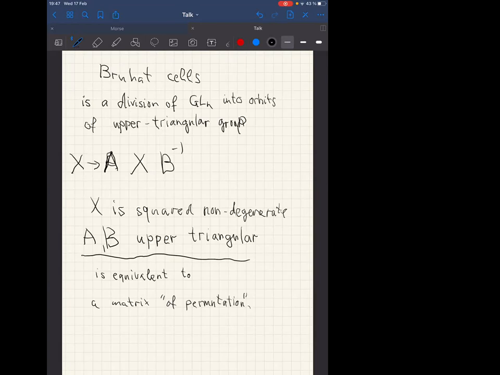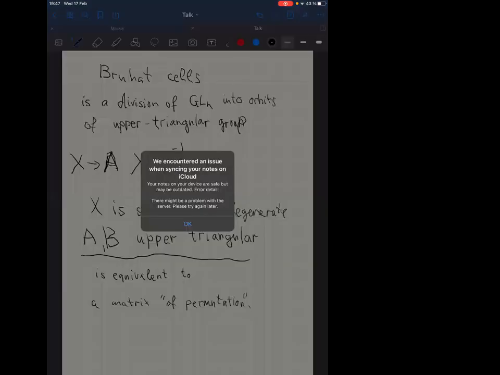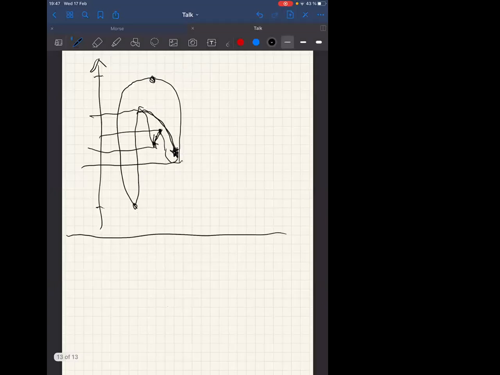Yes, of course. First of all, it's a generalization to non-square matrices, and also we have a fibration. We fiber each Bruhat cell over a torus, say like that.